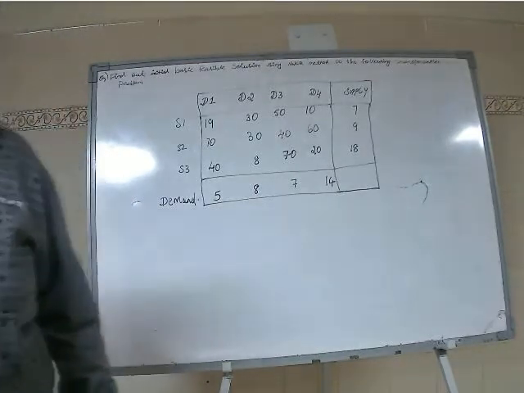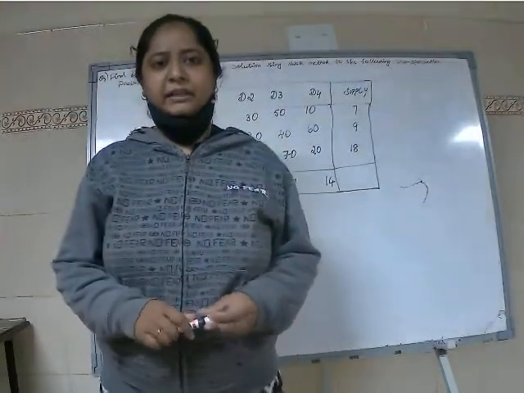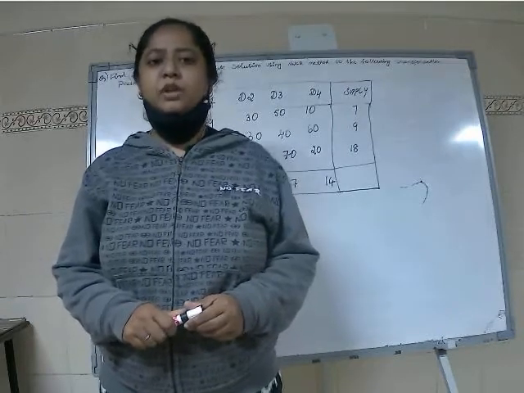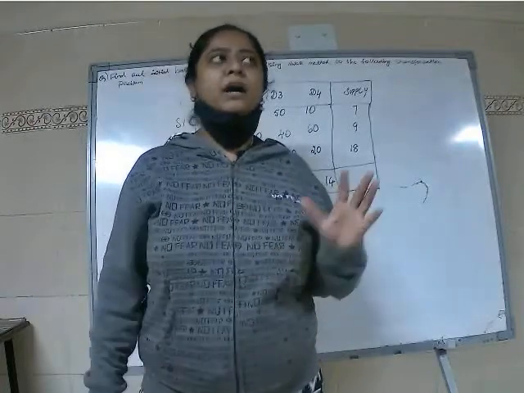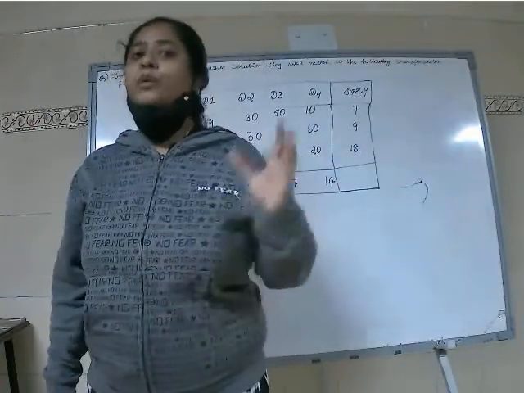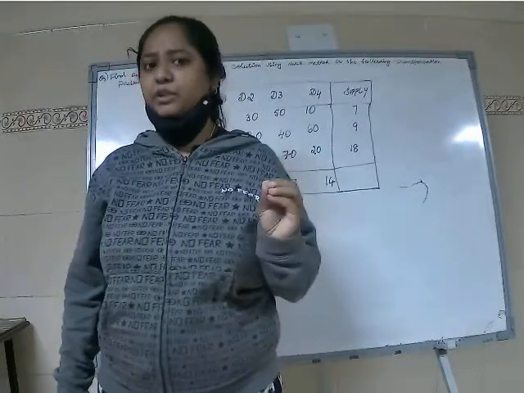Once again, I'm here to present a new topic today, that is Unit 5 Transportation Problem, students. So this is all about how do you transport from the source to the destination with the less transportation cost, minimum transportation cost.